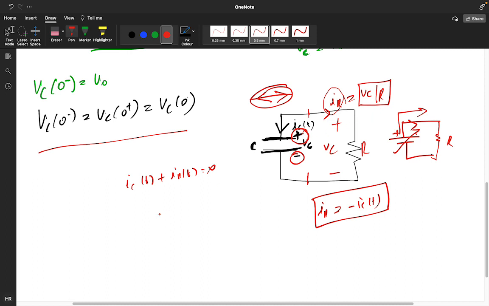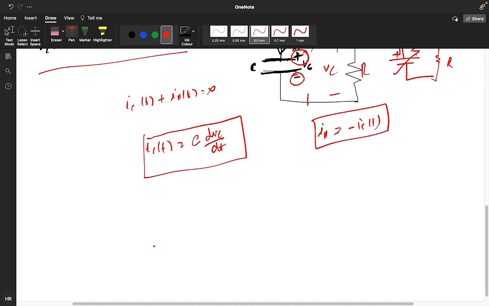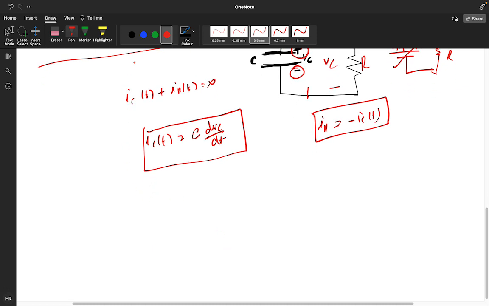And what is the equation for the capacitor? IC of t is equals to C dVC by dt. This is the equation we know from the first class. So we substitute: C dVC by dt plus IR of t, which is VC by R, is equals to 0.